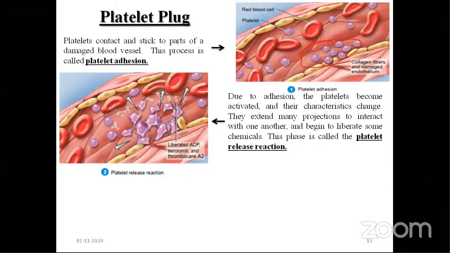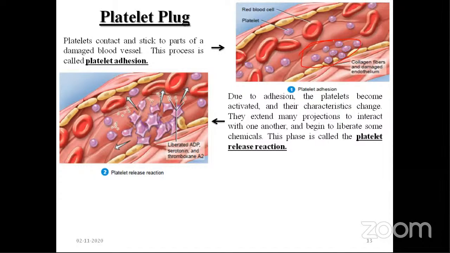Now, the second step in platelet plug formation is the platelet release reaction. Once the platelets adhere to the wall of the damaged blood vessel, they become activated, and their characteristics also start changing. They form numerous protoplasmic extensions or projections, which are called pseudopodia.